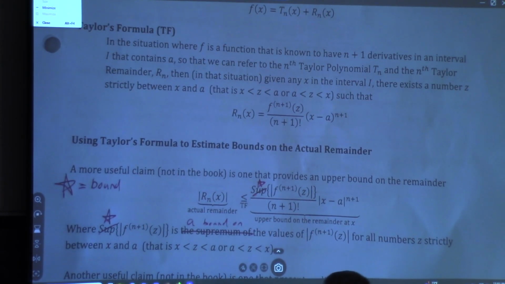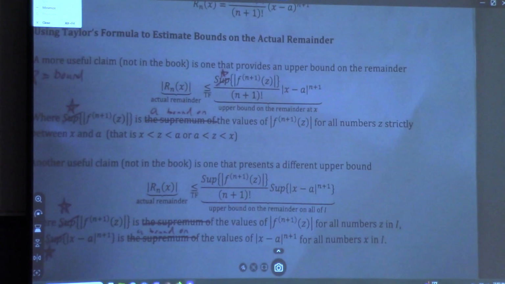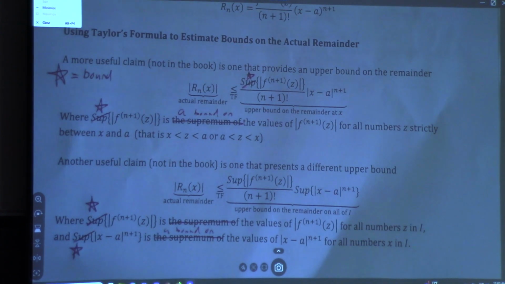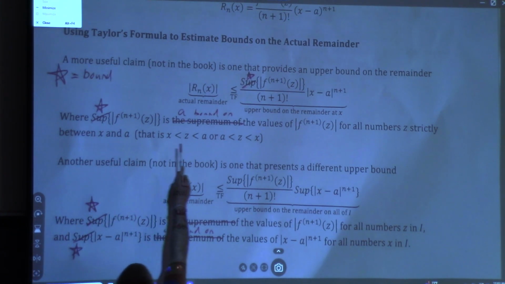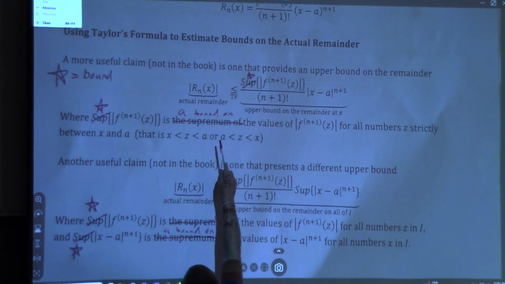Another way that we use it sometimes will give us a bound on the actual remainder at the x value x.